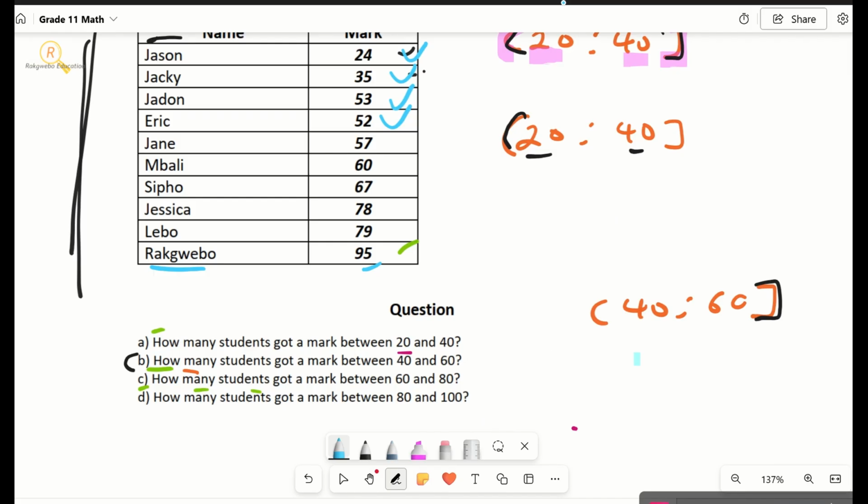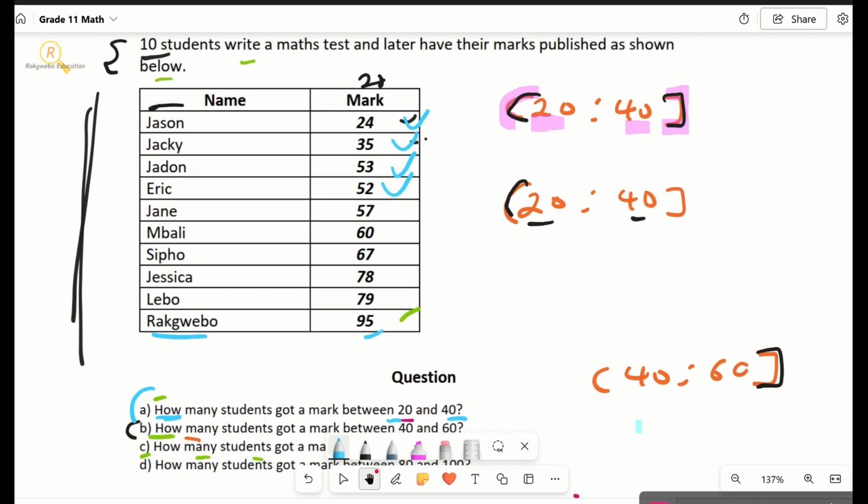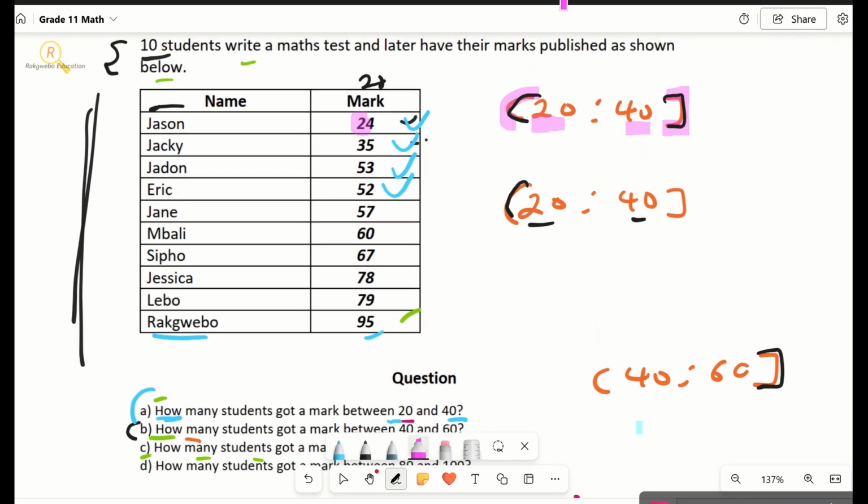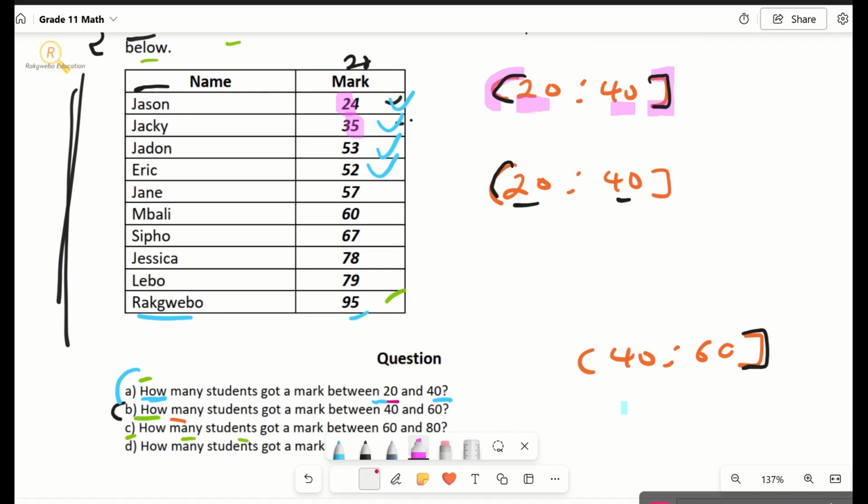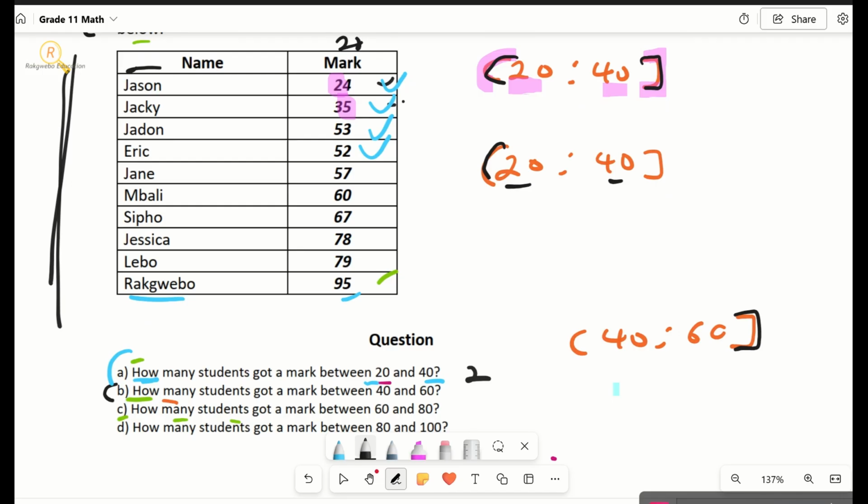Now, I asked you a series of questions. Question A, how many learners got a mark between 20 and 40? Then we established that this person and that person got a mark between 20 and 40. So that's 2 learners. So I put a 2 there. And then I also asked how many learners got a mark between 40 and 60. That is this one, and that one, and that one.